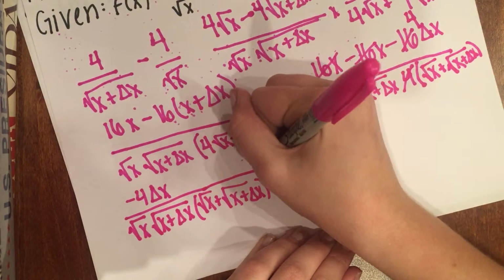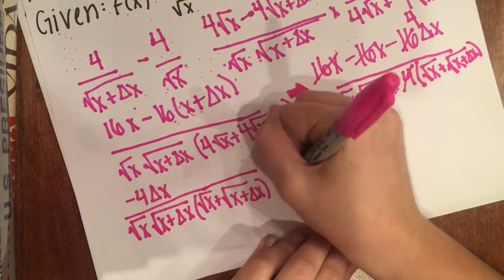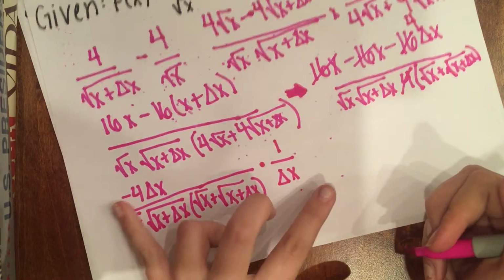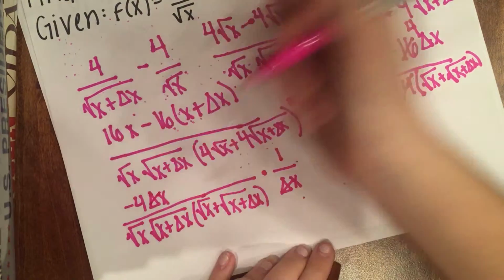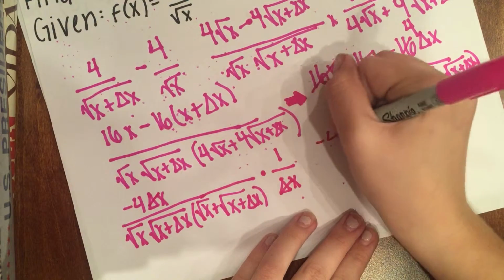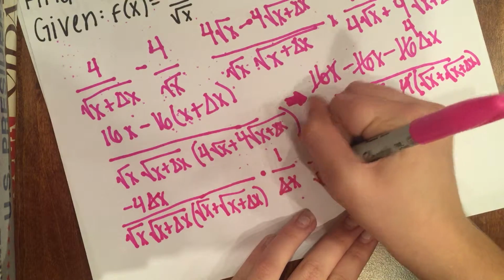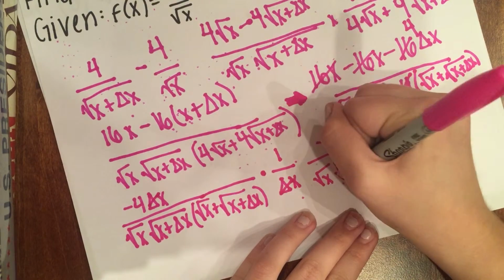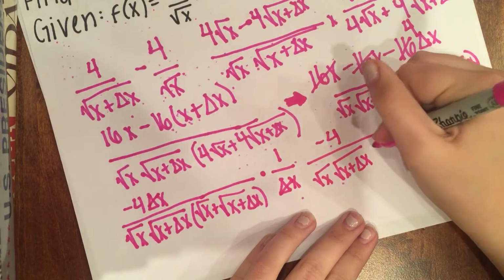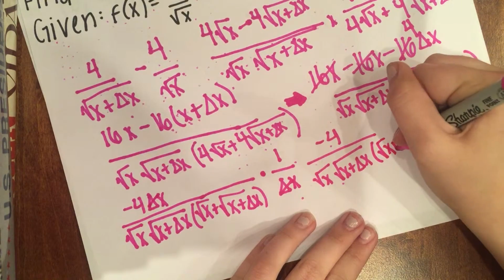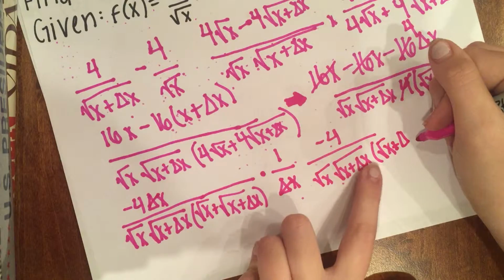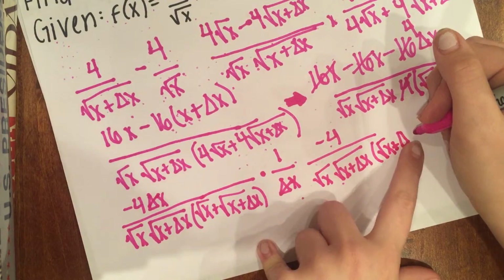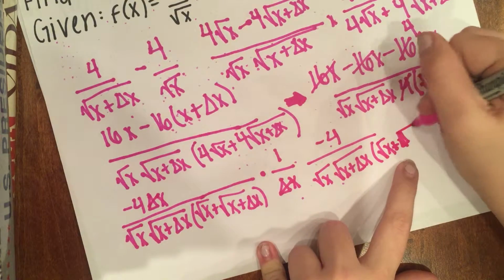So an easier way to do that is just to multiply by 1 over delta x. Now here we see cancellation. So now I end up with negative 4 over root x times root x plus delta x times root x plus root x plus delta x.